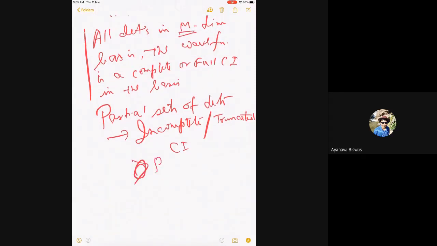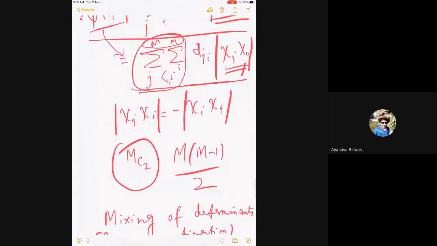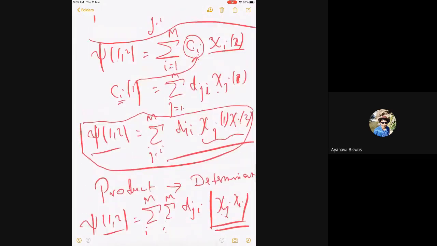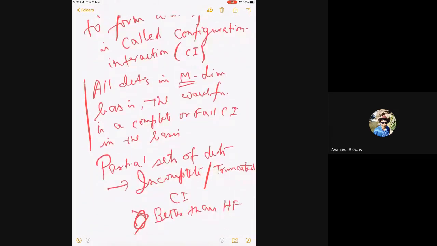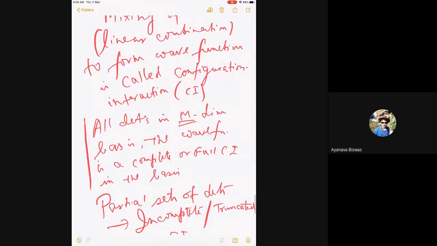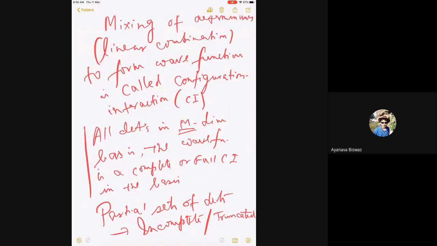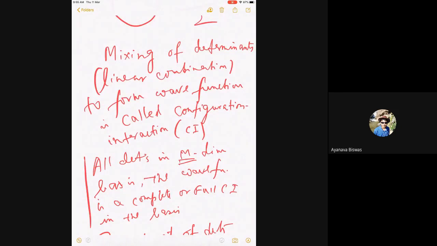It is still better than Hartree-Fock, because Hartree-Fock takes only one determinant. So if I include that one determinant plus anything else, it will always improve. That's a variation method. So it's very important to realize that CI, where I do a mixing of determinants to form a function, is a method which is better than Hartree-Fock.